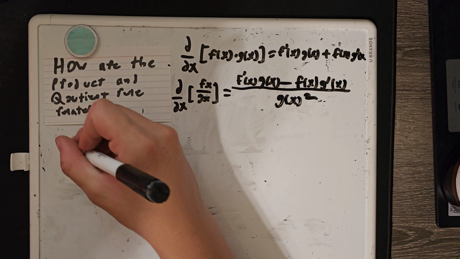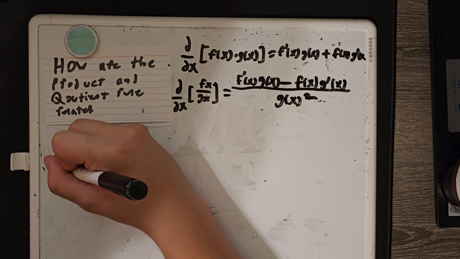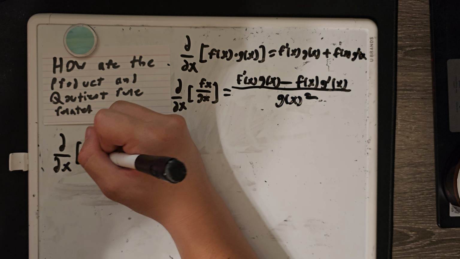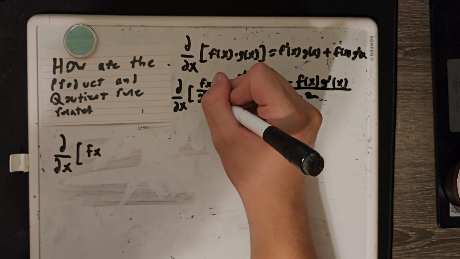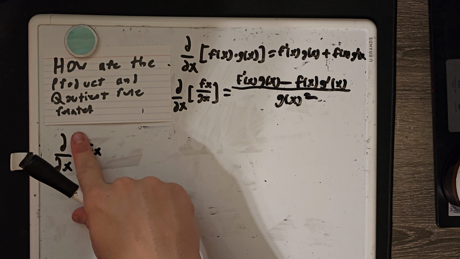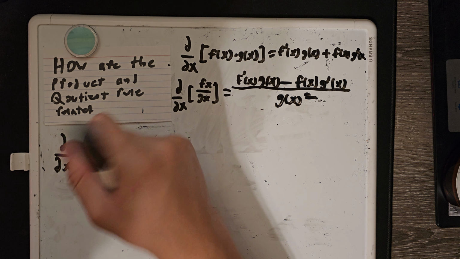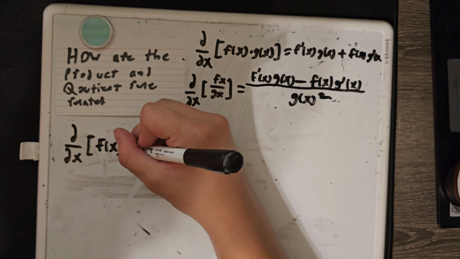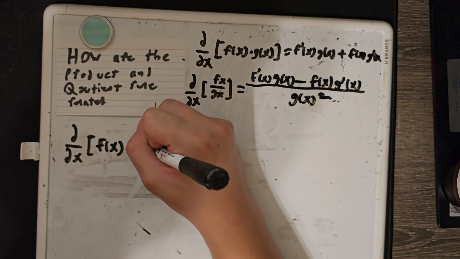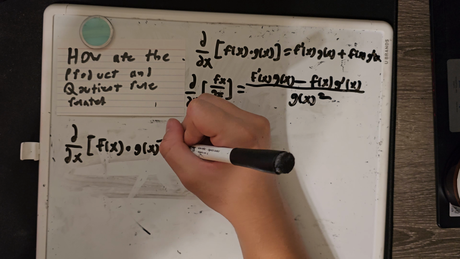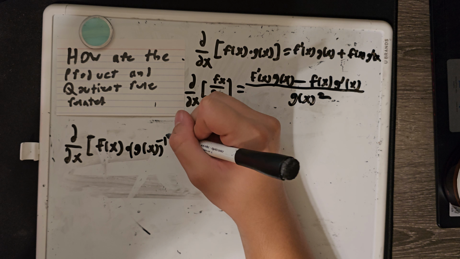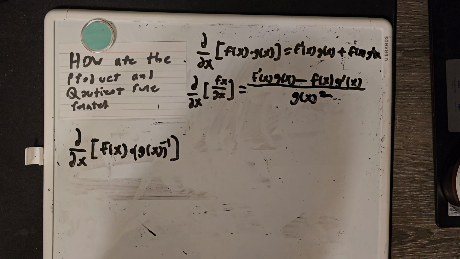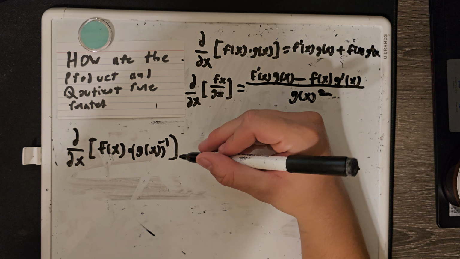But the derivative of f of x over g of x can be written as the derivative of f of x times g of x to the negative 1. Put that in parentheses. Now, we can use the product rule to solve this.